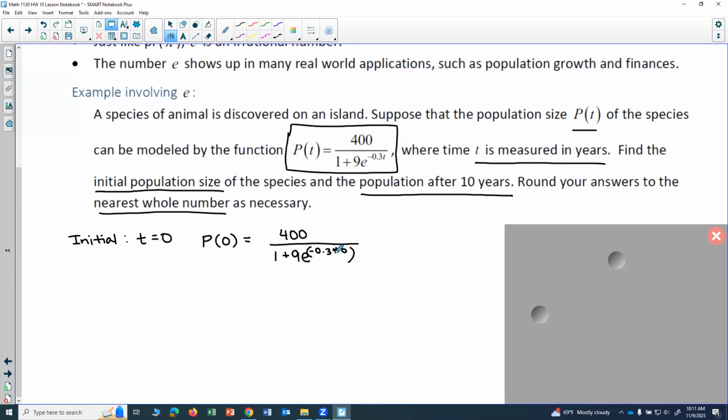So 0.3 times 0 is really just the 0 power. And so this would equal 400 divided by the quantity 1 plus 9, and e to the 0 power would be 1. So really just 400 over 10. So the initial population size is going to be 40 animals.